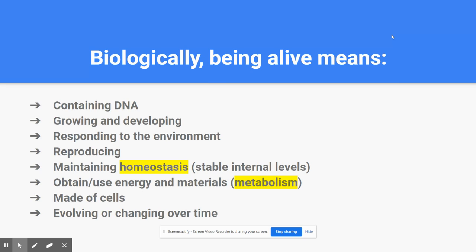Biologically, here's what it is. And I didn't number it. I used to, but then I saw the Ed puzzle and they didn't number it, and so I thought, that makes sense why they don't. But here's what something needs to have true to be considered alive.